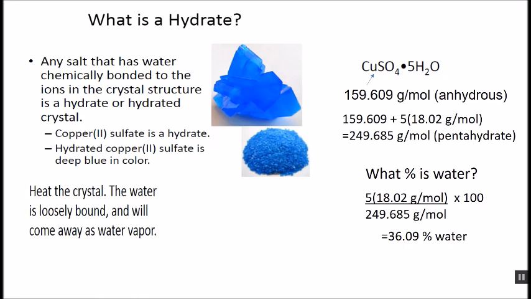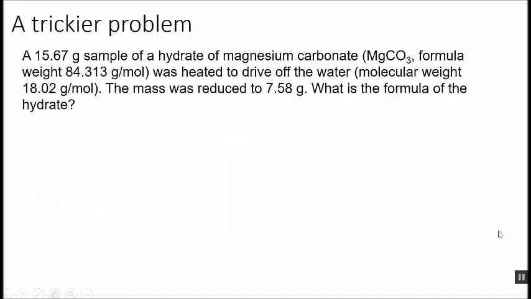Now, if you want to know how much water is in a crystal, you can actually heat it. You could weigh it and then heat it and see how much water you lose as you heat it, because water turns into vapor and it escapes. So an example of that type of problem. If you had, let's say, 15.67 grams of a hydrate of magnesium carbonate, and here's the formula weight for just the magnesium carbonate part.